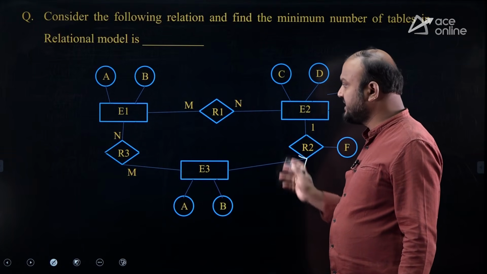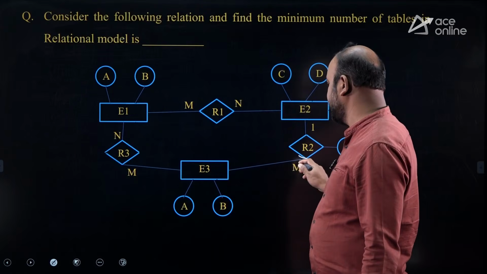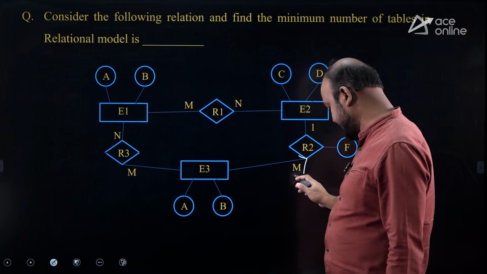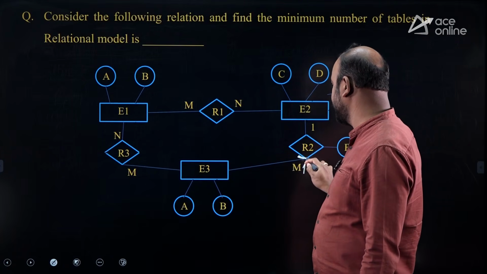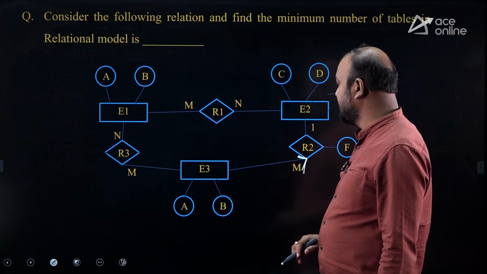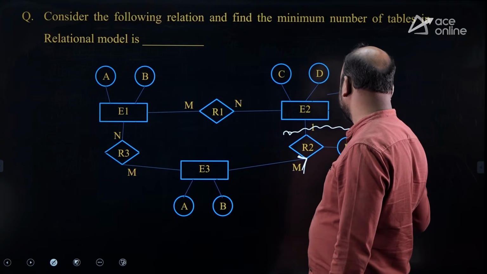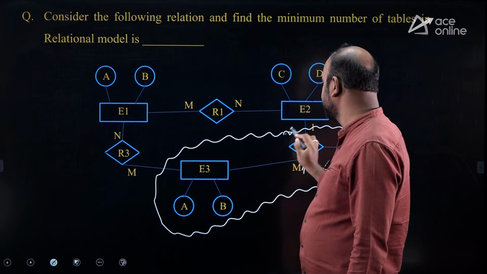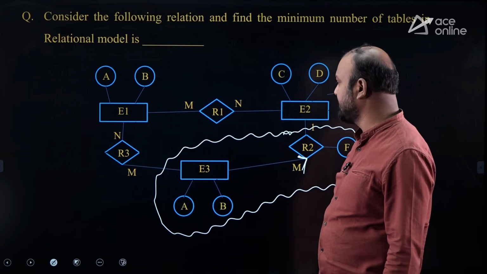Because we have 3 relationships, it is many-many, it is many-many, it is one-many, and we know that many-many does not have any arrows. One-many has an arrow from the many side. Now, what we have to do? Merge this R2 with E3. There is only one possibility.